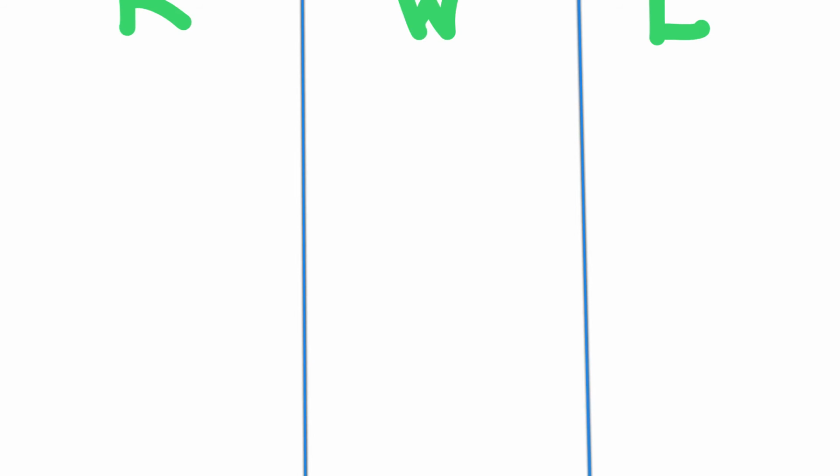And in the know column, when I ask my classes what they already know about Newton's laws, I got several different things. I got, from some students, that it has to do with gravity. I think they were thinking about the apple falling from the tree and hitting Newton on the head.